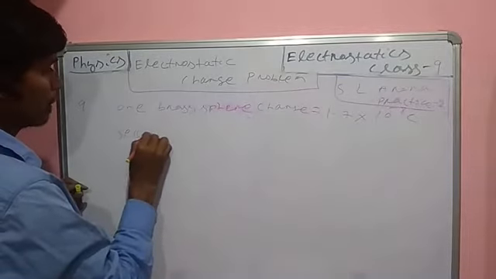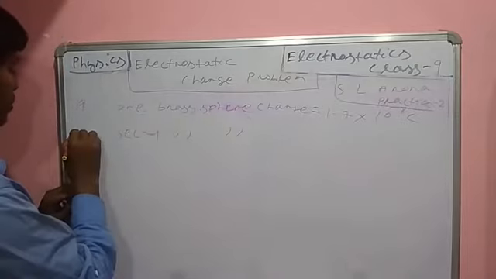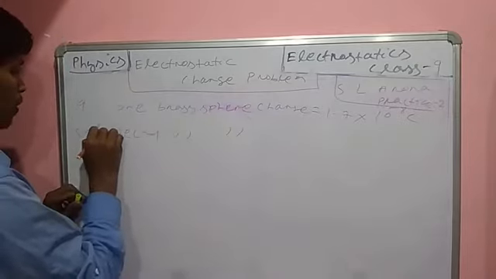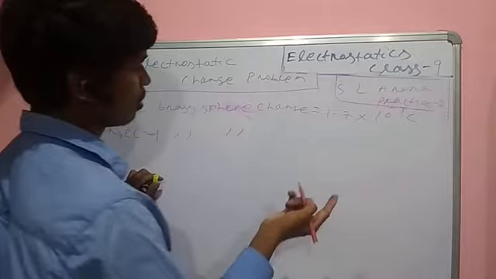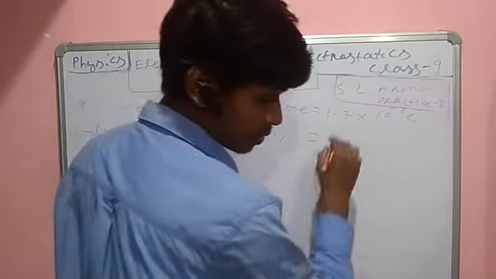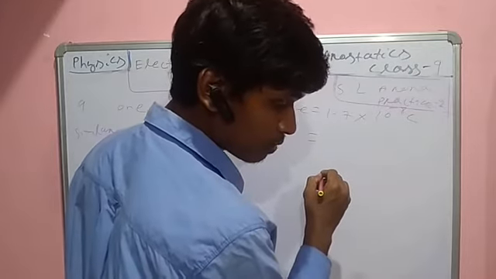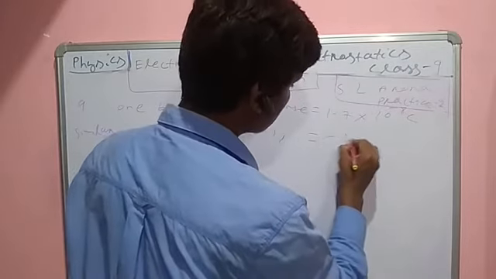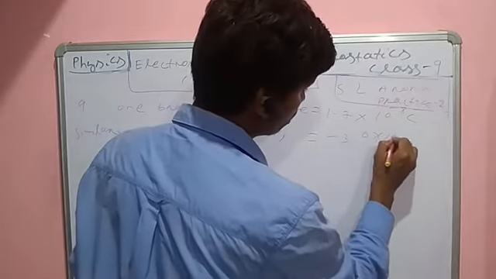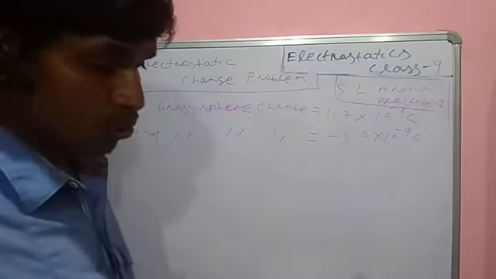The second brass sphere has a charge equal to minus 3.0 into 10 to the power minus 9 coulomb. So what is the question?